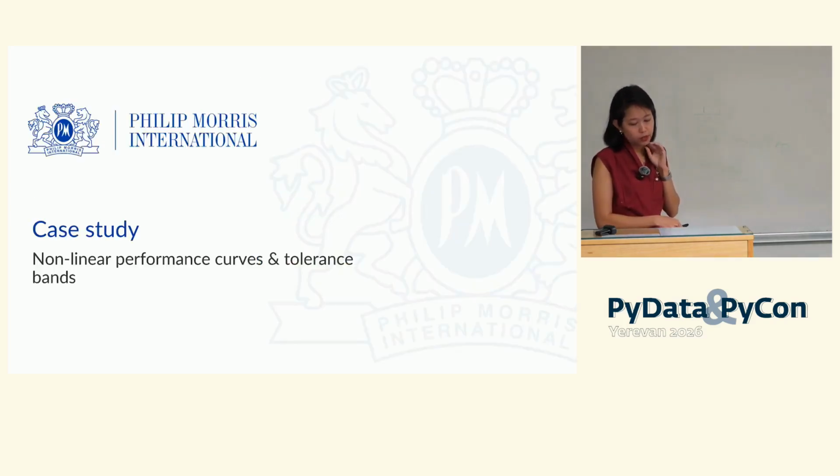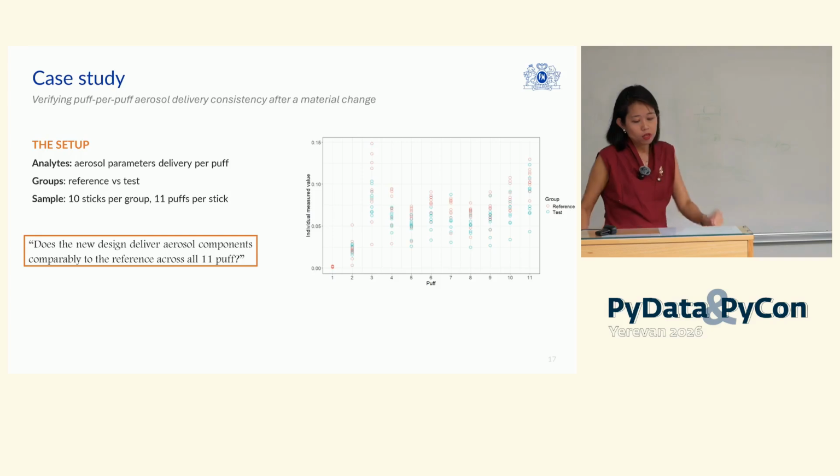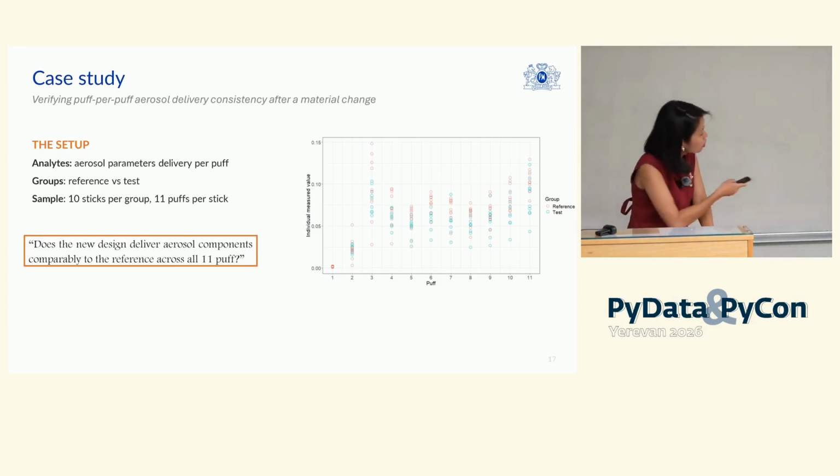And now we are going to the case study. In this case, what we are trying to do is test two different groups. We have the blue group here, which is our new tested product, and the red group is our reference product.